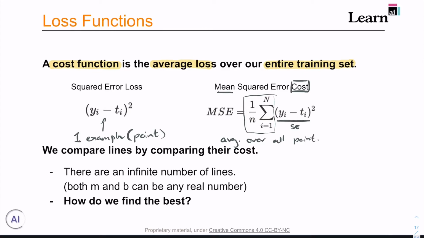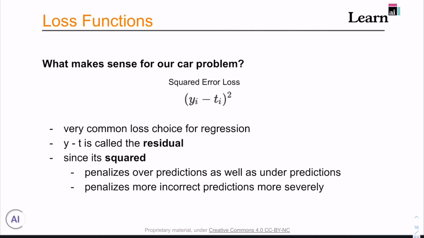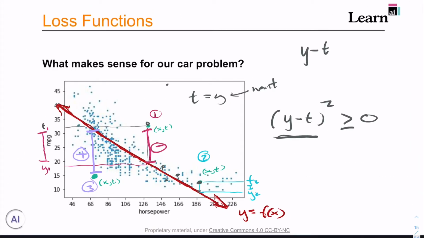Not complicated. Think about it this way. The reason why we're doing this is to compare lines. And to compare lines, you don't want to just compare by single examples. You want to compare over all of the examples. Just to hammer this point home, if we take a look at this again, maybe I'll clean this up a little bit.